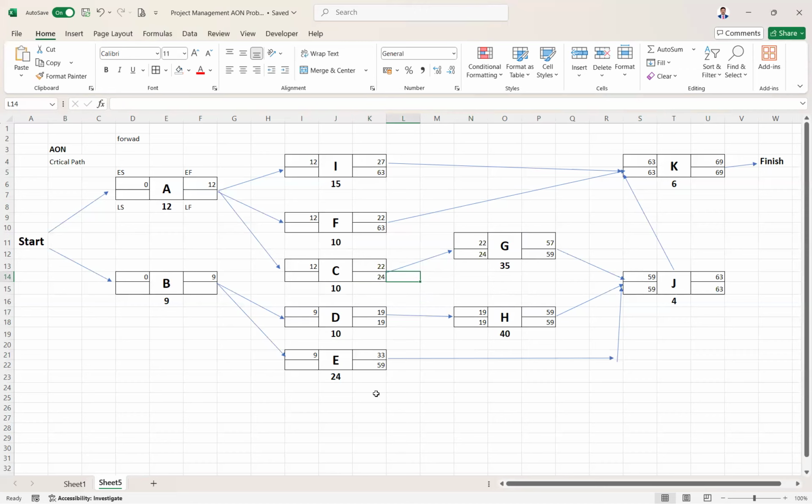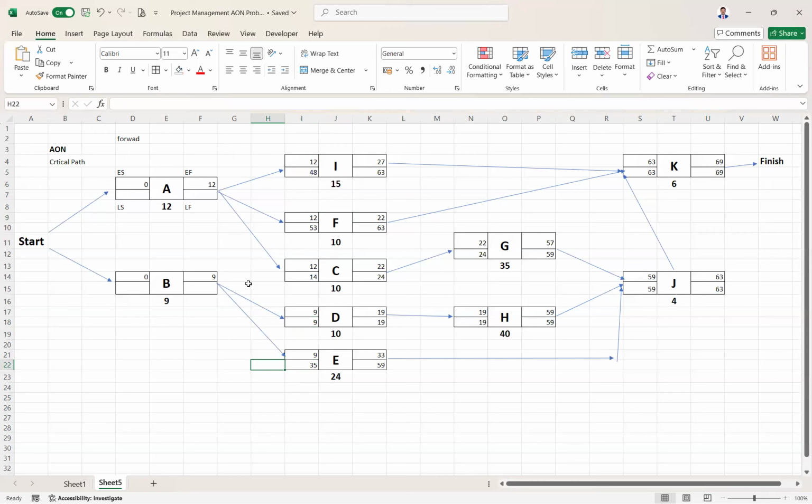Now all these are filled. Similarly, just doing the subtractions. 63 minus 15, which is 48. Then 63 minus 10, 53. 24 minus 10, 14. Then 19 minus 10, 9. 59 minus 24, 35.